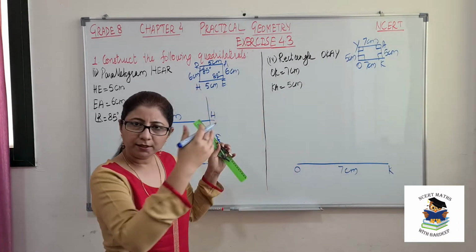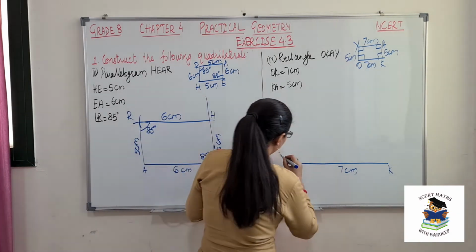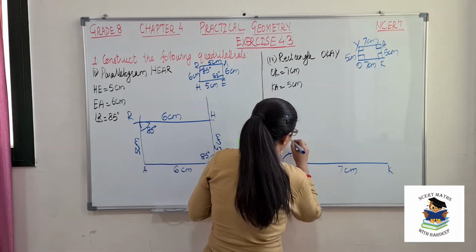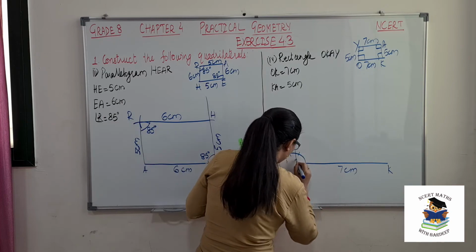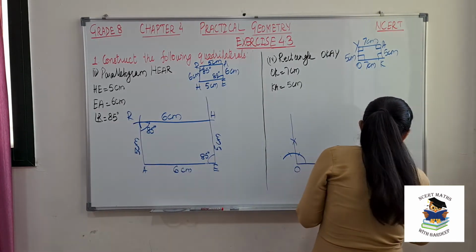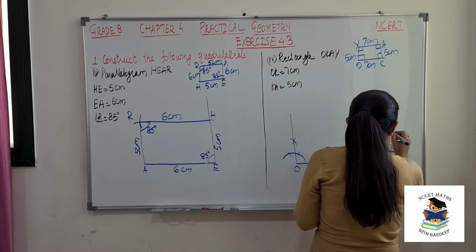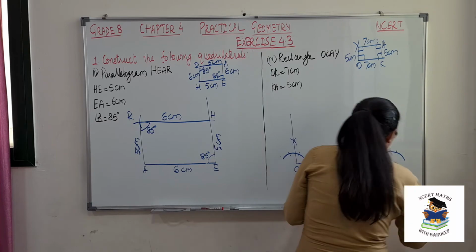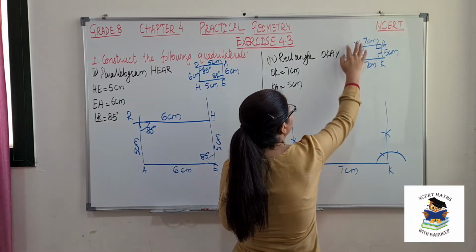So now we will construct a 90 degree angle on both the vertices. Okay. So a 90 degree angle is drawn on this side and here also. So now what we will do is, we know that this is 7 and this is 5.